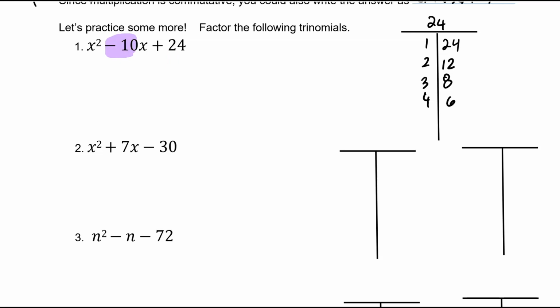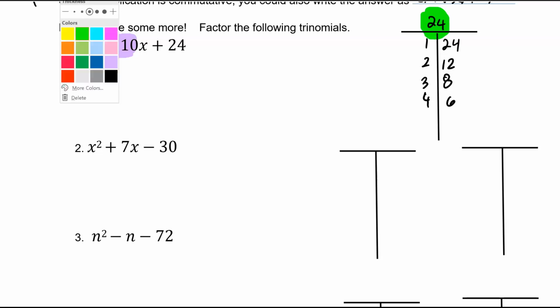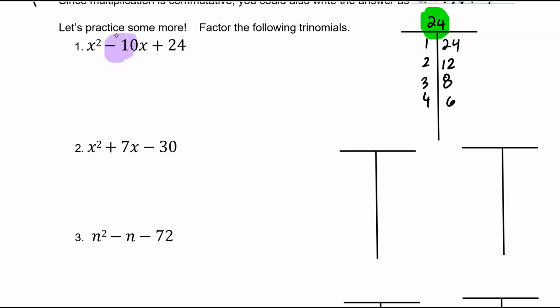Now notice I did not initially put any signs here because we just want to focus on the positive factors, and then we decide whether or not we should use signs so that when we multiply our winning pair, we would get the positive 24 that we want, but at the same time, when we add the pair, we get the negative 10.